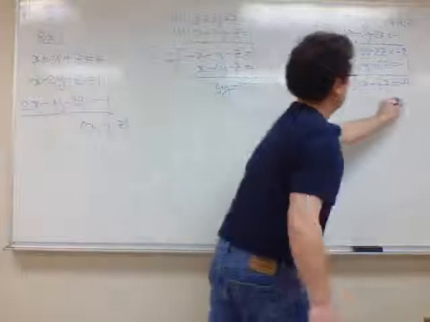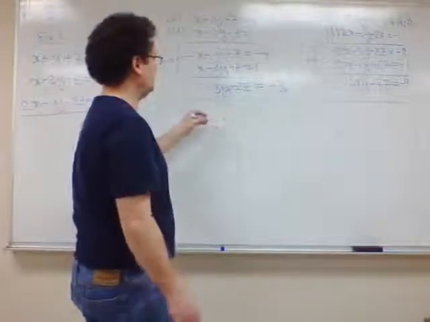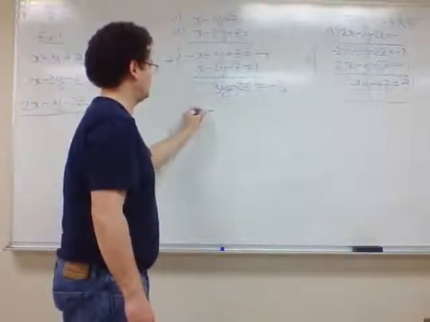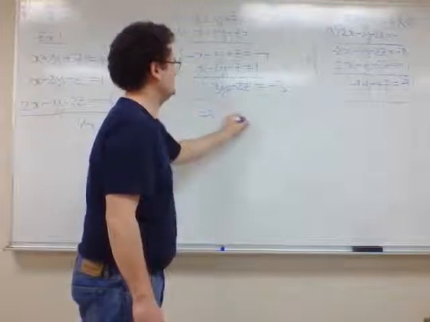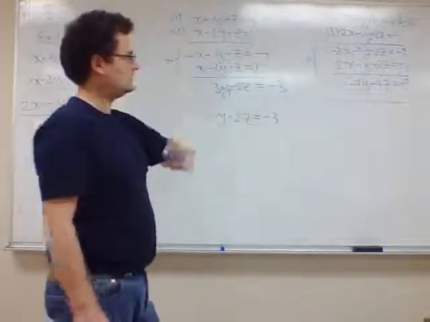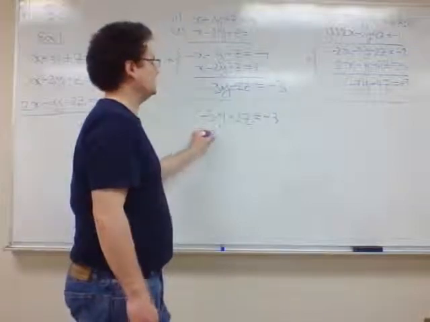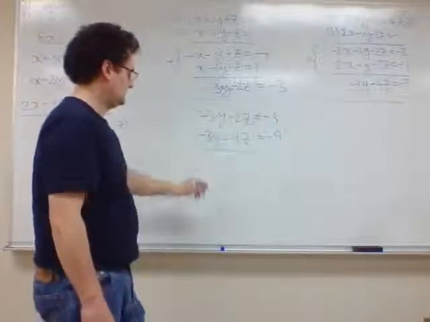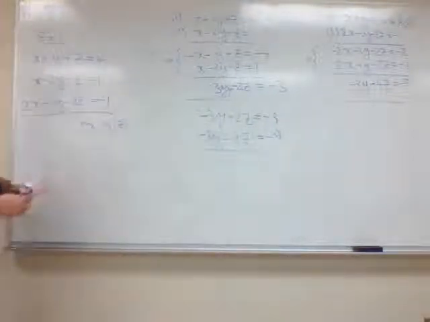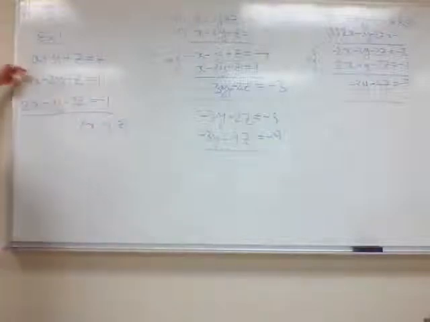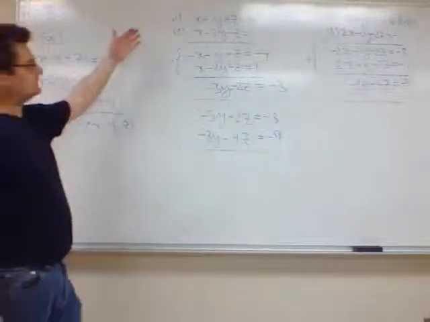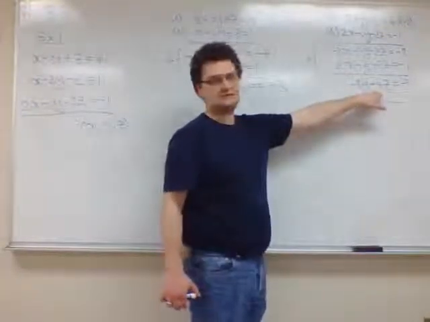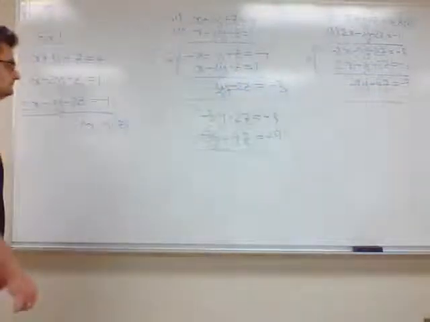So now we reduced the problem to finding y and z for which these two should be satisfied. So minus 3y minus 2z equals negative 3. That's one equation. And the other one is negative 3y, negative 4z should be negative 9. Okay? So if x, y, z is a triple that satisfies all these three equations, then in particular y and z coordinates have to satisfy this, and also this.